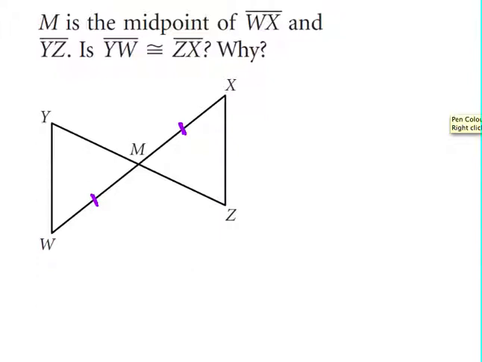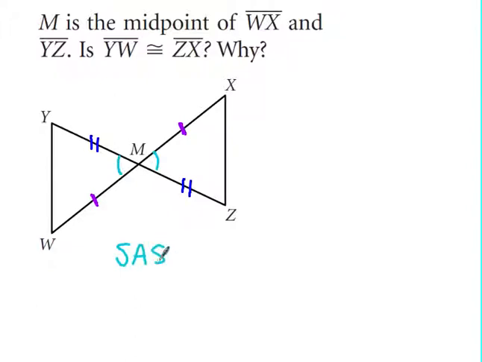So if it's the midpoint of YZ, what do I know? Do I know anything else? Vertical angles. You guys are great on those. So now, do I know anything about the two triangles? They are congruent by what reason? Side angle, side. Nice job.